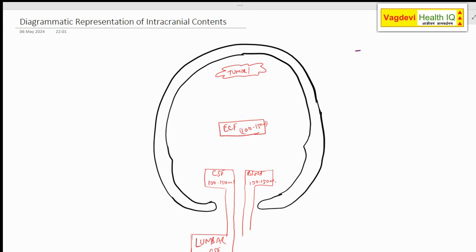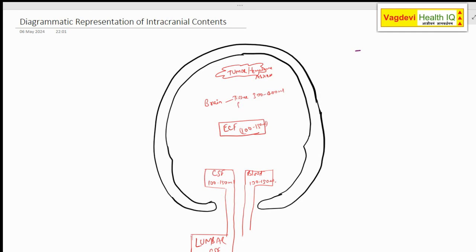Tumor or hematoma or abscess. Okay. This is normal brain tissue, which is 300 to 400 ml, and then fluid.